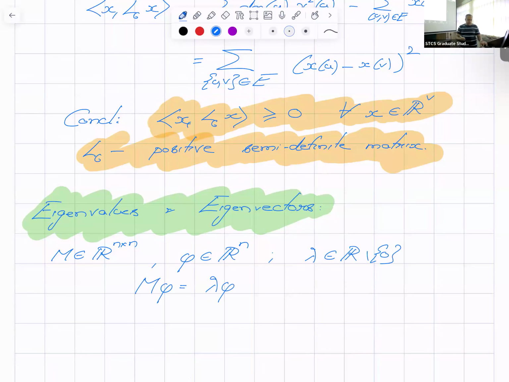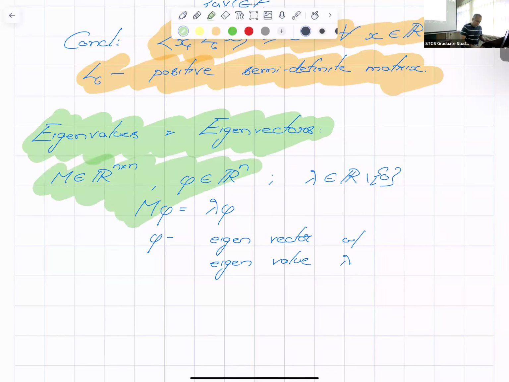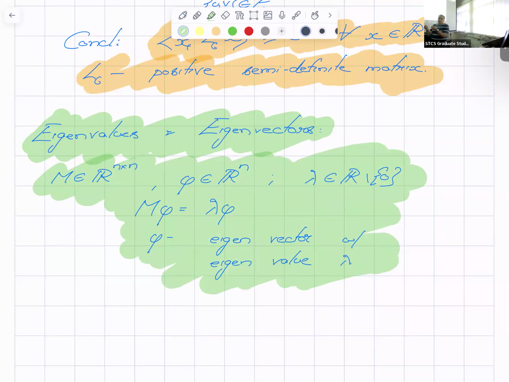Then we say phi is an eigenvector, and the corresponding eigenvalue is lambda. So if there is a pair phi and lambda for a given matrix which have this property, we call it an eigenvector and eigenvalue.